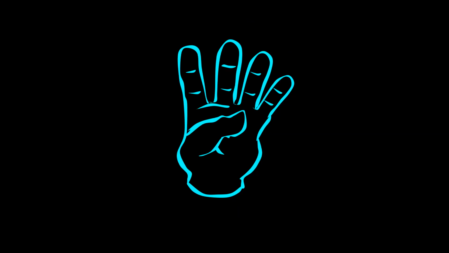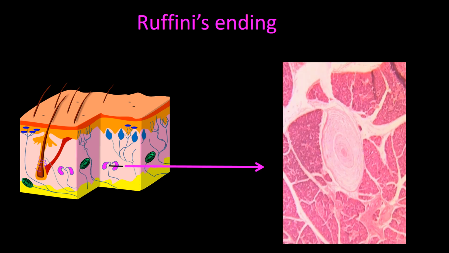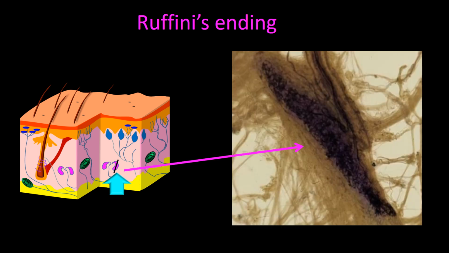The fourth skin receptor I would like to mention is Ruffini's endings. Ruffini's endings look very different when cut transversally, as indicated by the black line pointed by the arrow, from how they look when they are cut vertically, as you can see in this frame.